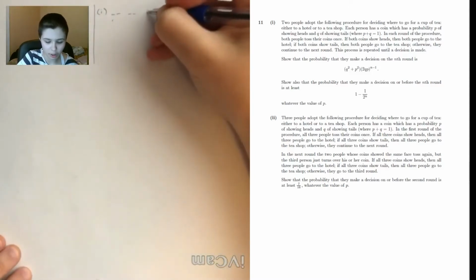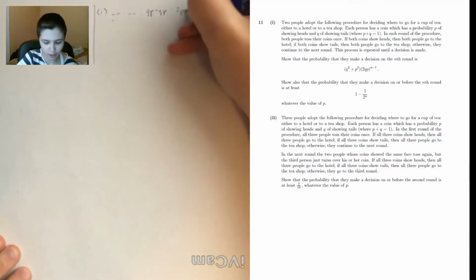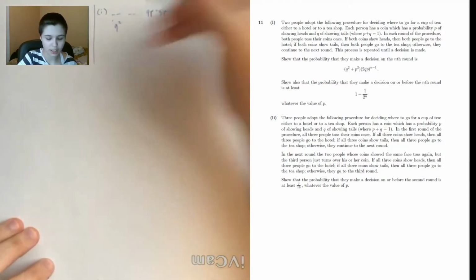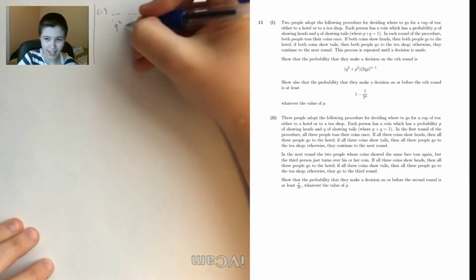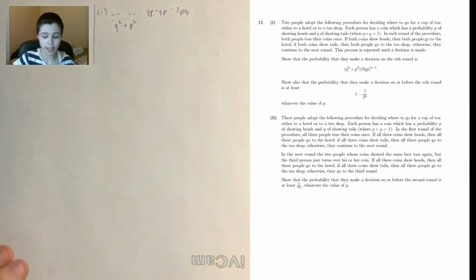So that's QP plus QP, which is equal to 2PQ, and the probability that they get the same coins is going to be Q squared if both of them are tails, plus P squared if both of them are heads.